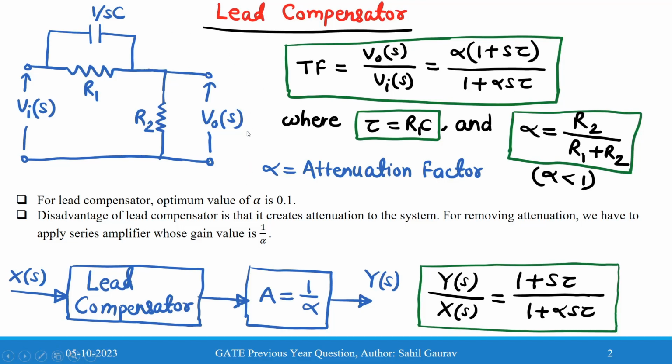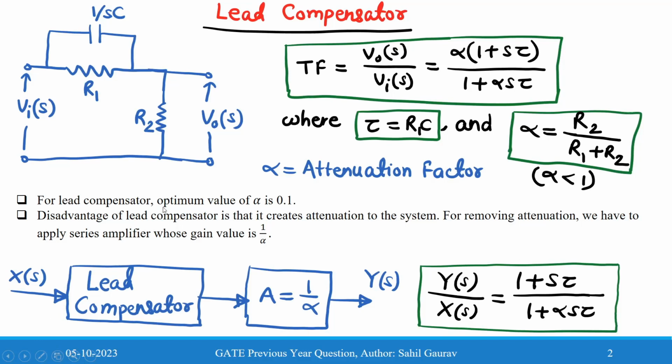For this circuit, if we find the transfer function Vo(s)/Vi(s), we get alpha into (1 + s tau) divided by (1 + alpha s tau), where tau is the time constant, R1 into C, and alpha is the attenuation factor, equal to R2 divided by (R1 + R2), and alpha is less than 1.